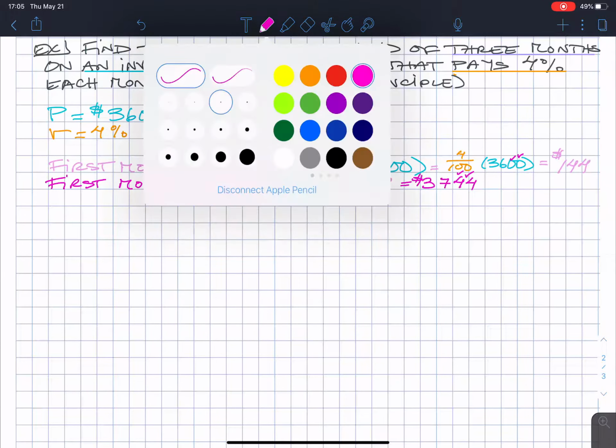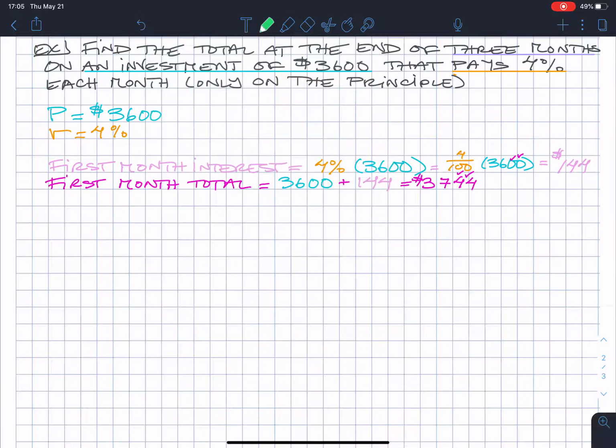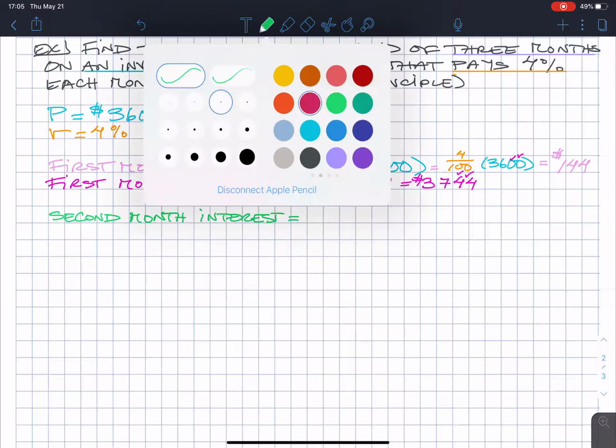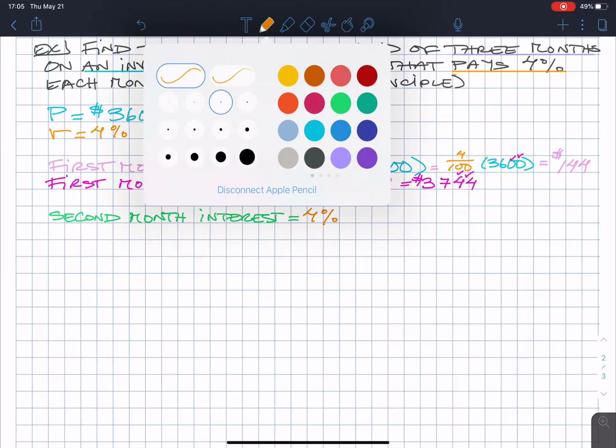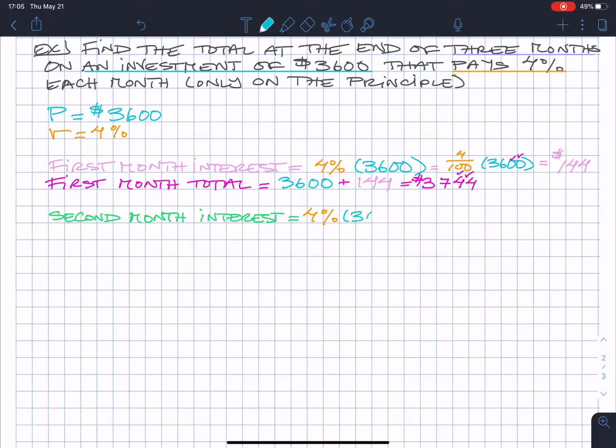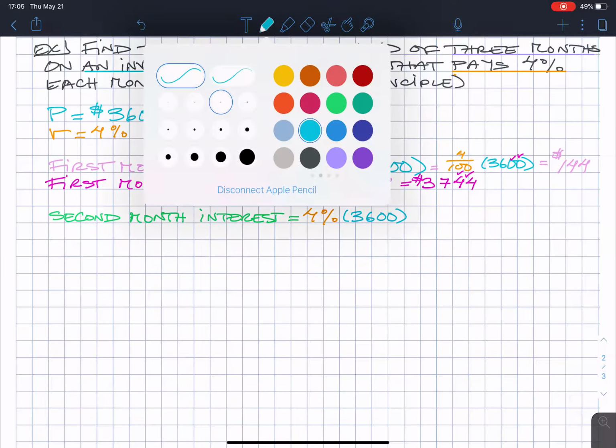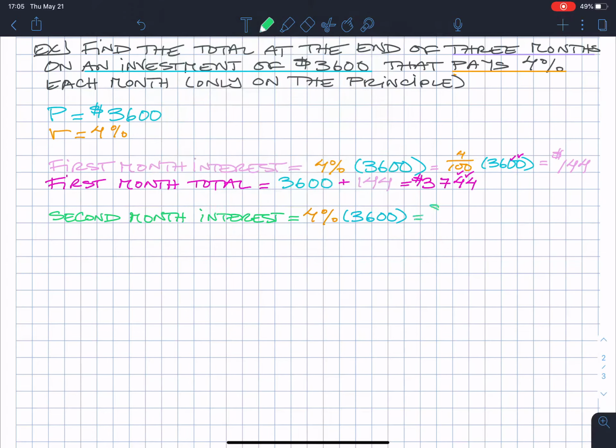Okay, so now let's go on to the second month interest. Well, remember, we're only taking interest on the principal. So that's still going to be 4% of the principal, 3,600, and we're not counting the interest earned. And we know that that's $144.